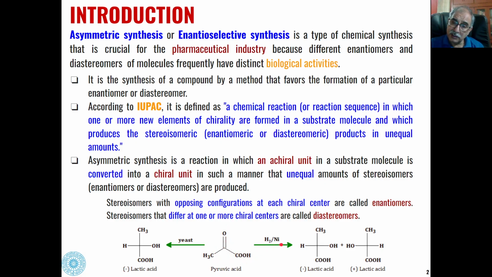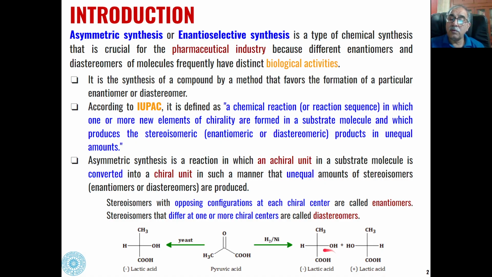The addition of hydrogen in presence of metal takes place in such a way that it will produce two enantiomers, either minus lactic acid or plus lactic acid.